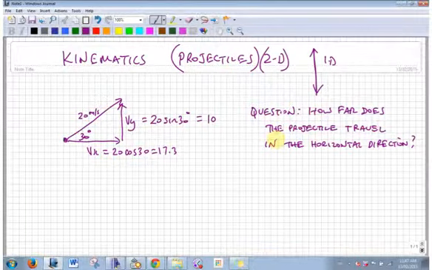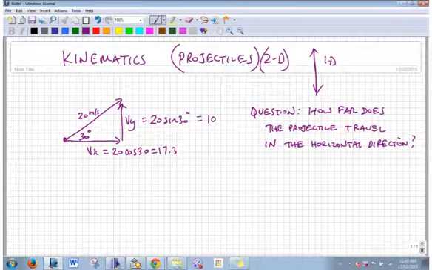Well, remember the first formula we gave you in kinematics in physics 11? If you move at a constant speed for some time, you can probably figure out the distance, right? Is this thing moving at a constant speed in the x direction?